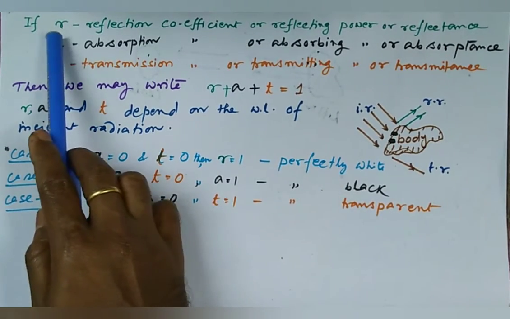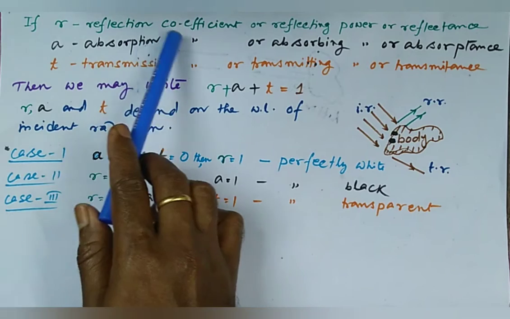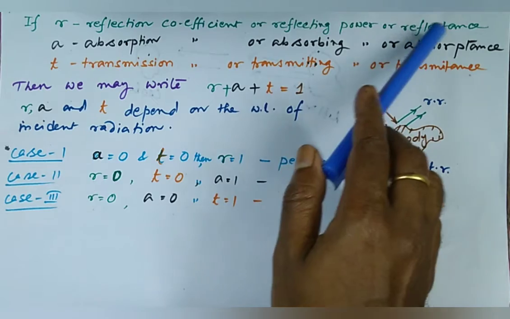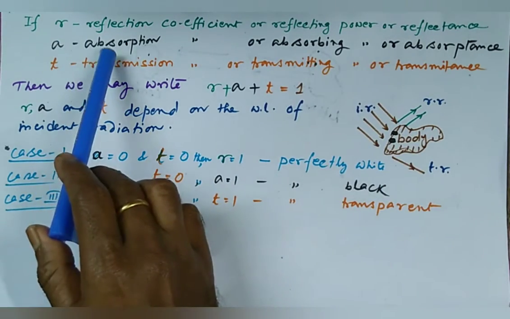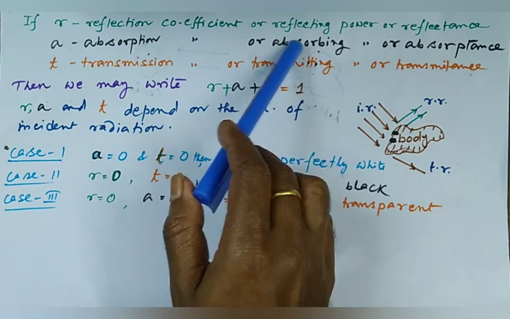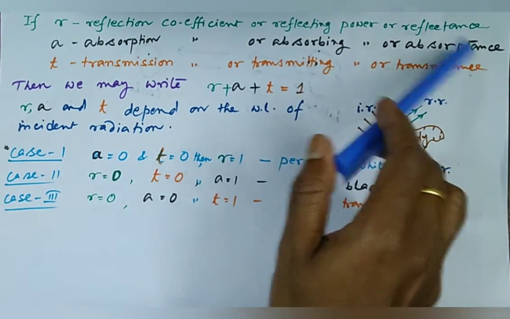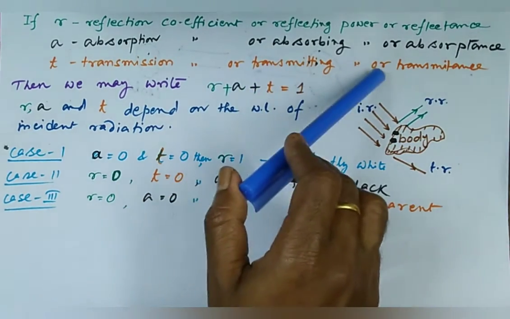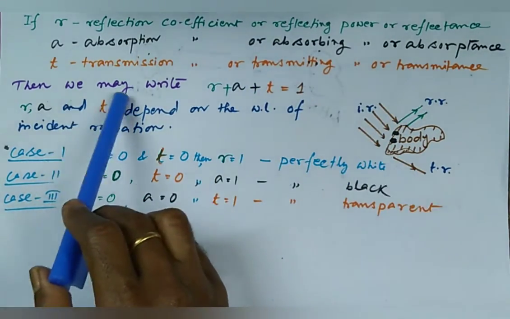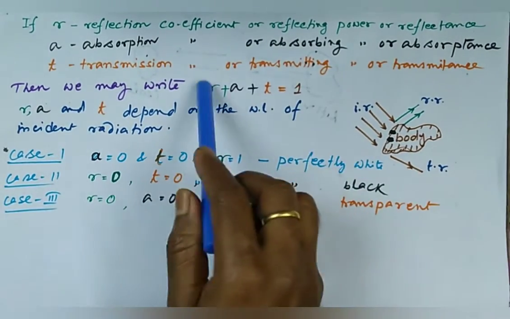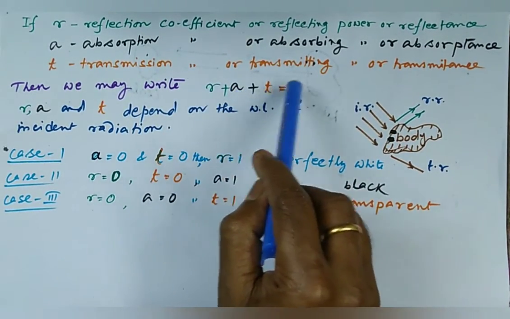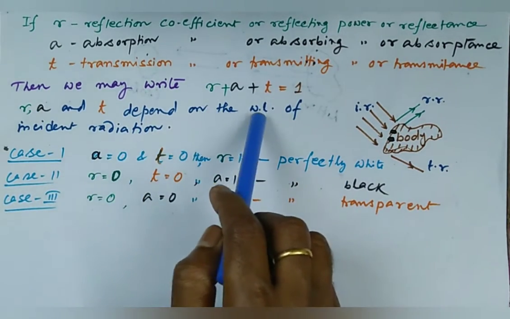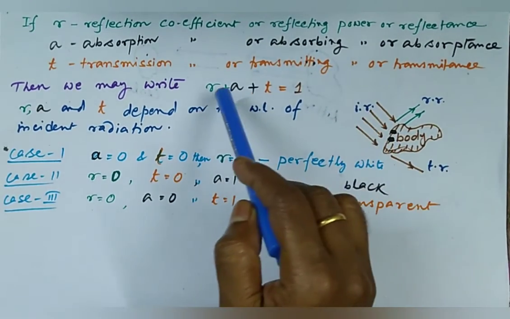Now, if R is the reflection coefficient or reflecting power or reflectance, A is the absorption coefficient or absorbing power or absorptance, and T is the transmission coefficient or transmitting power or transmittance, then we may write this equation: R + A + T = 1, where R, A and T depend on the wavelength of the incident radiation.